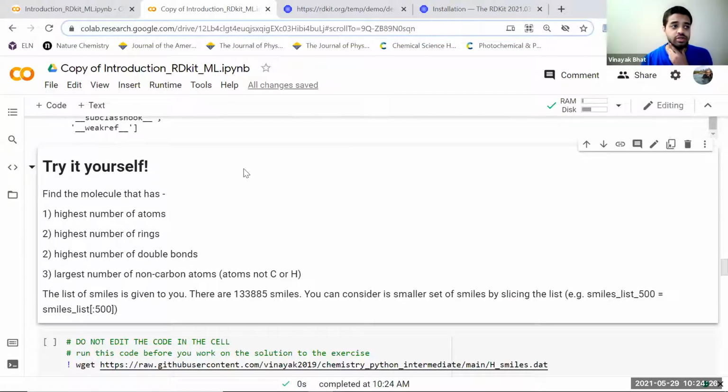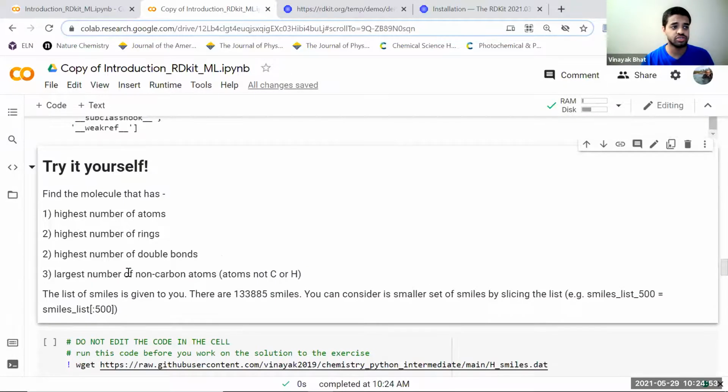If not, we have an exercise here. You can try it yourself. In this, we are trying to find the molecule that has the highest number of atoms, a molecule which has the highest number of rings, the molecule with the highest number of double bonds, and the largest number of non-carbon atoms.